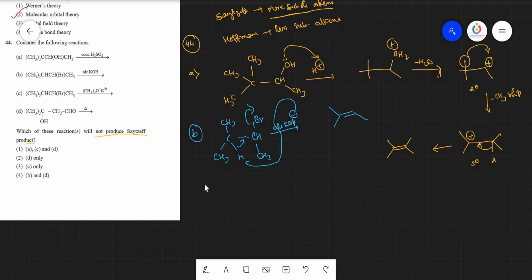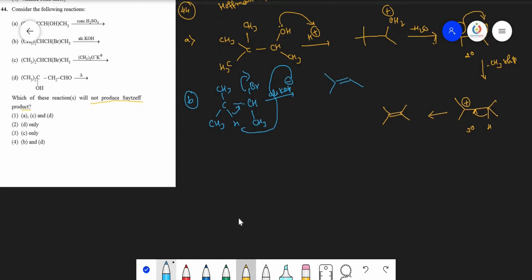And option C, let us go and see. This CH part is connected to another CH part with Br. So the same molecule is used here; the reactant is the same and the base is different. Here they are using potassium tertiary butoxide, which is a bulky reagent. Smaller reagents can easily remove the hydrogen from the crowded carbon atom, though it is hindered.